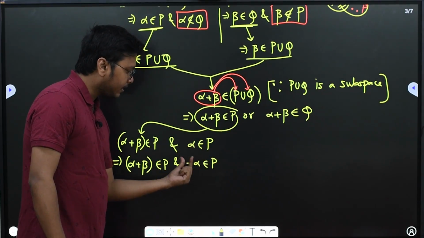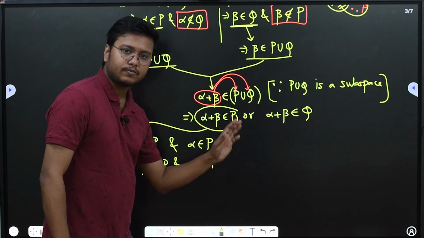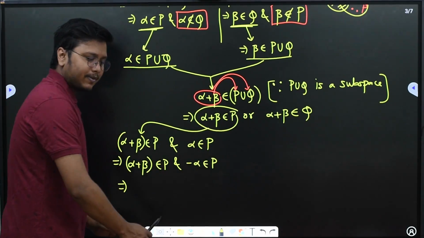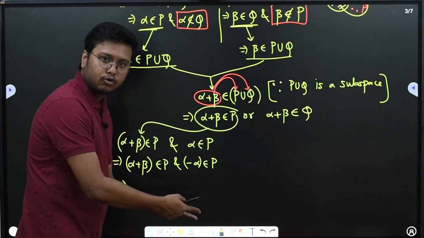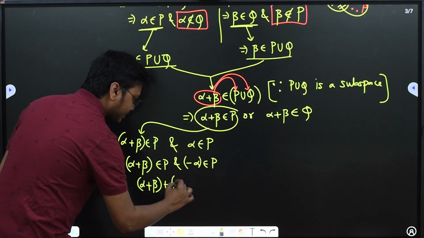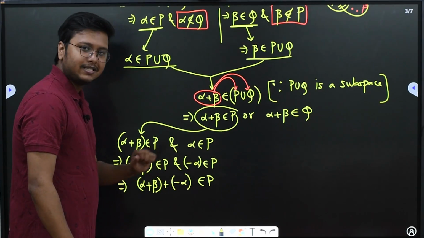So -1 multiplied with alpha becomes minus alpha, that will also belong to P because P is a subspace. Okay. Now I know since P is a subspace, addition of these two elements has to again belong to the P set. So the addition of these two will be something like this, and which has to ultimately belong to the P set since P is a subspace.